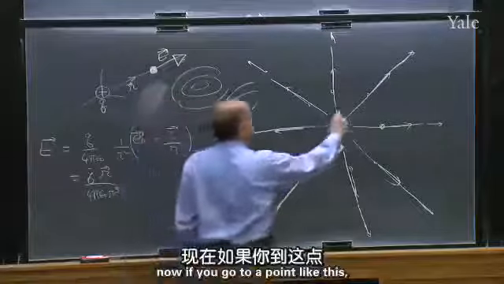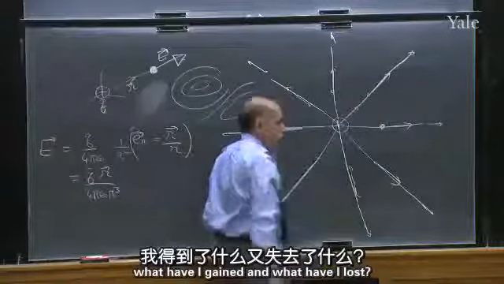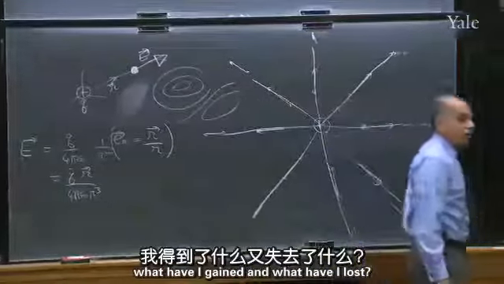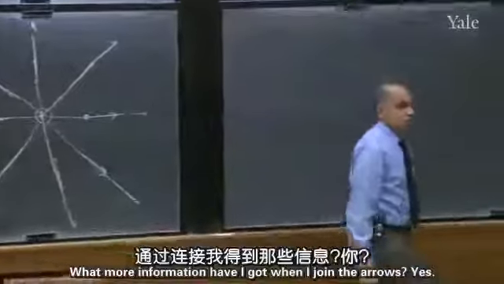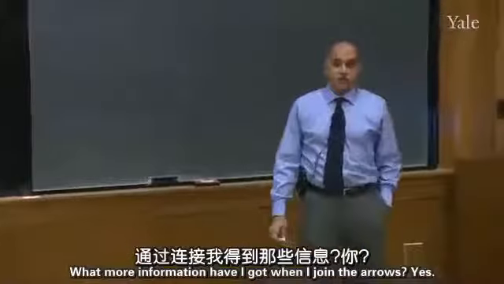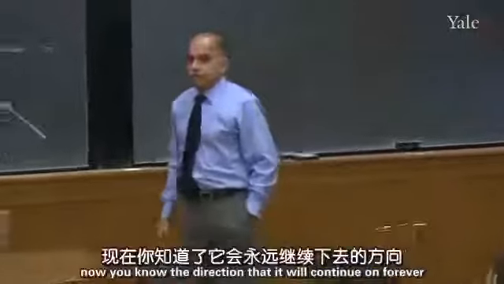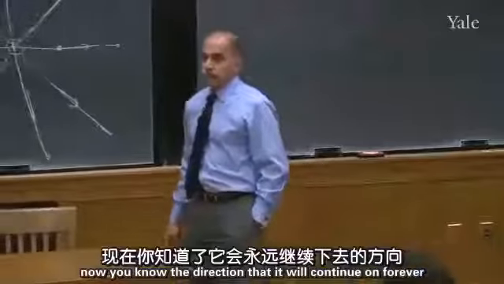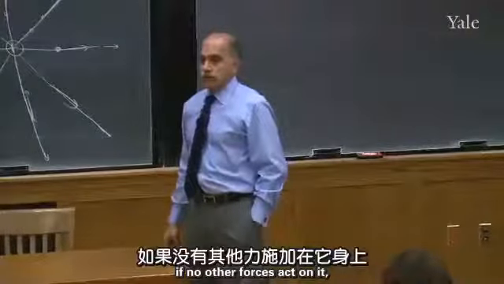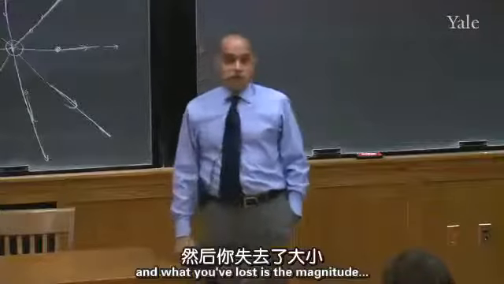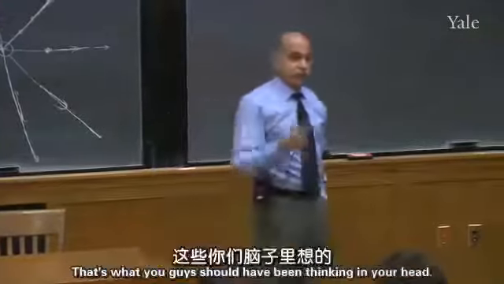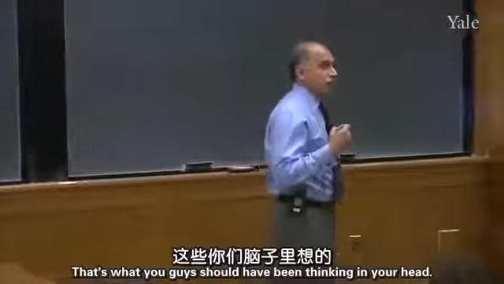Now, if you go to a point like this, what have I gained and what have I lost? What more information have I got when I join the arrows? Yes? The more information is that now you know the direction that it will continue on forever if no other forces act on it, and what you've lost is the magnitude of it. Okay, let me repeat that.